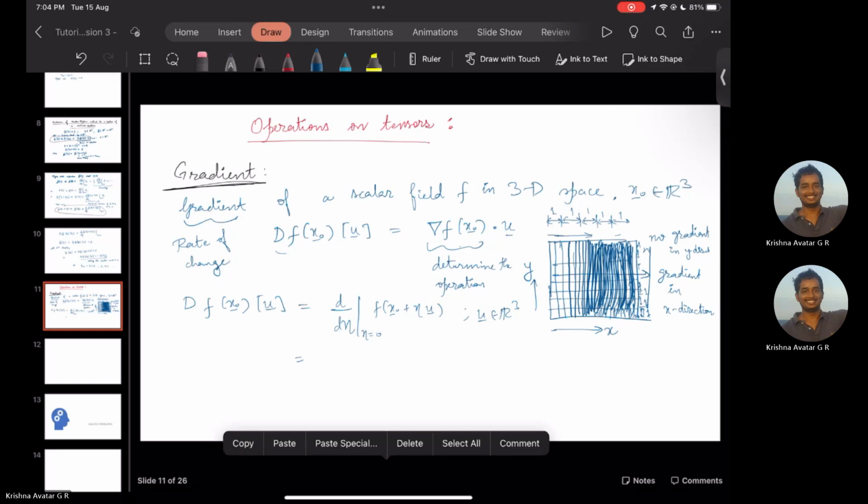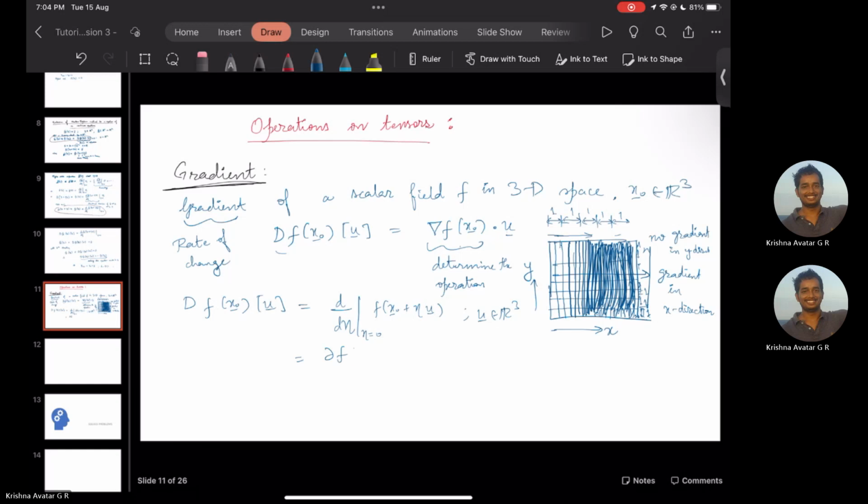So what you need to do here is we need to have del of f at x naught vector plus eta u vector divided by del of x naught comma 1 plus eta u1, dot, del of x naught comma 1 plus eta u1 divided by eta. Likewise, and this is all at eta equal to 0.